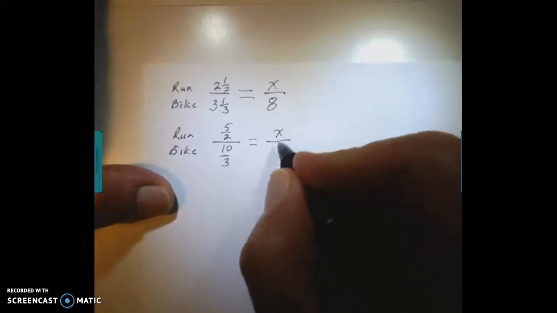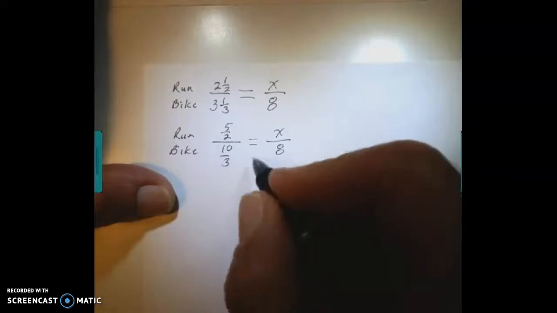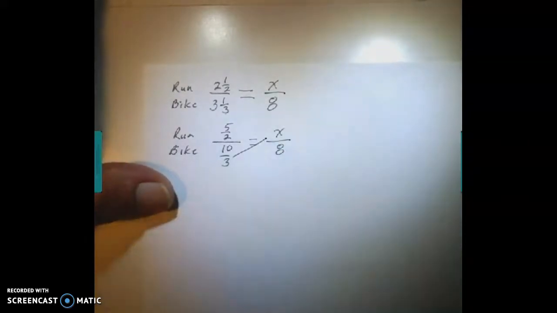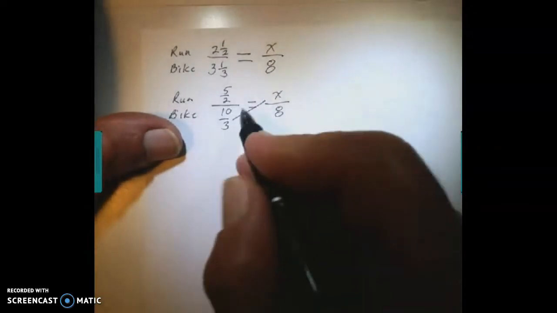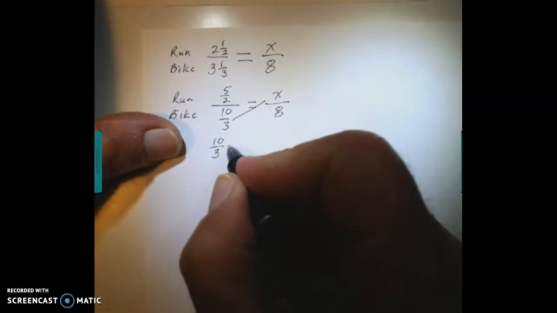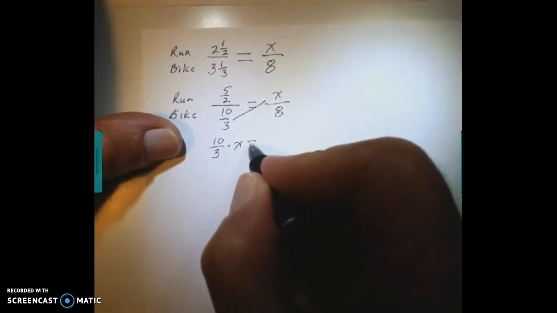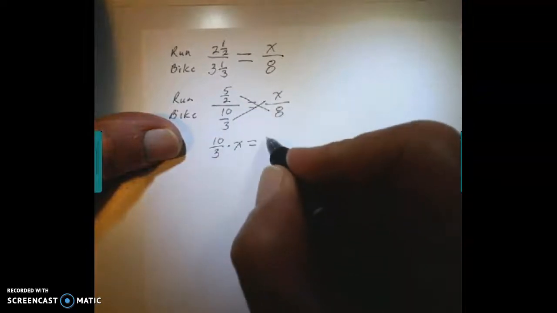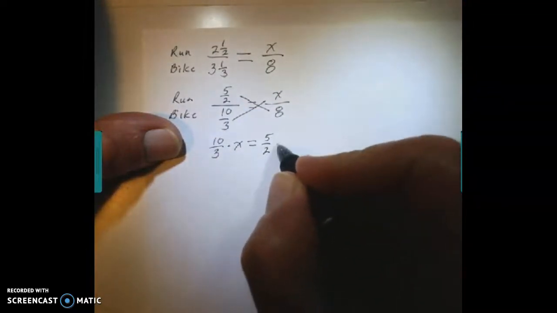This side still just stays 8, or x over 8. Cross multiply again. I like keeping the x on the left side of my equation, so I'm going to do this first. 10 thirds times x has to equal, going this direction, 5 halves times 8.